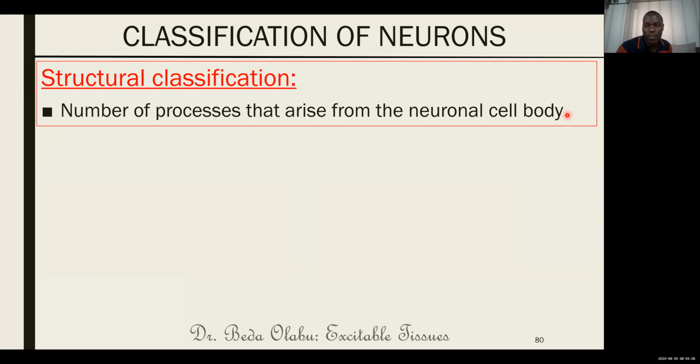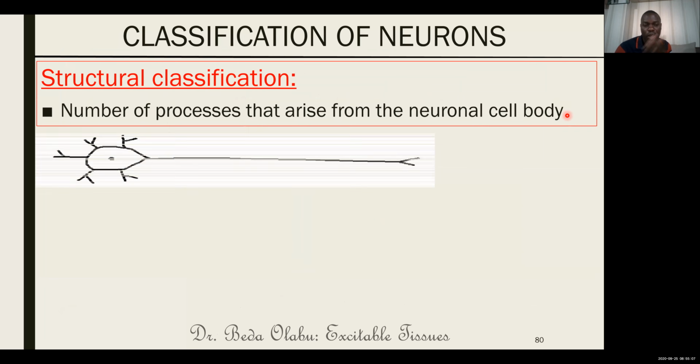For example, here we see a neuron with 5 dendritic processes and 1 axonal process. So we can say this neuron has 6 processes arising from its cell body. If the number of processes arising from the cell body is more than 2, we call such a neuron a multipolar neuron.